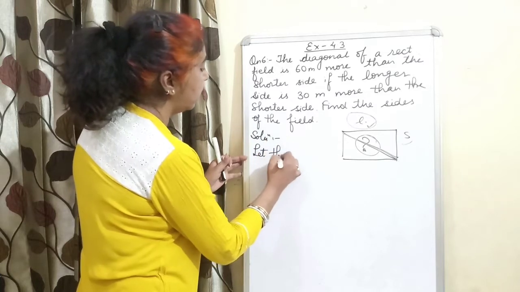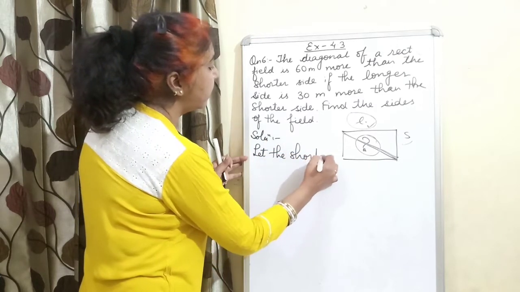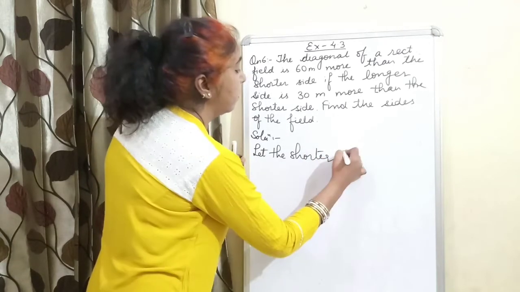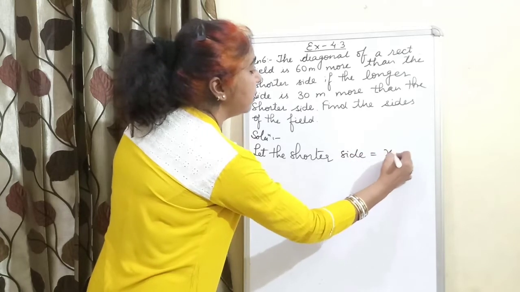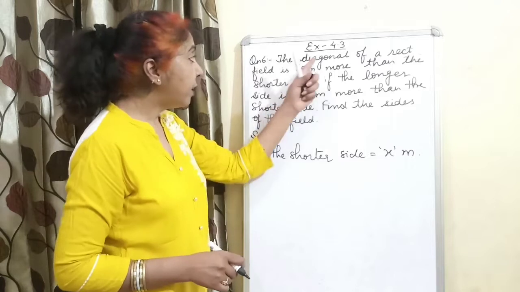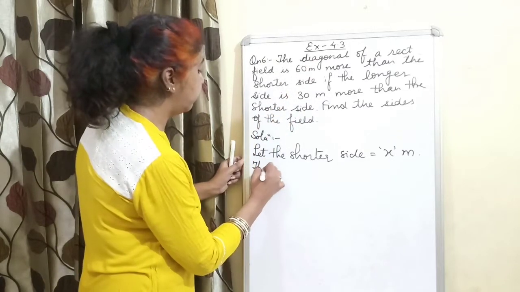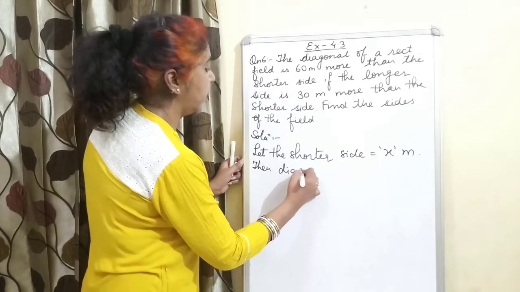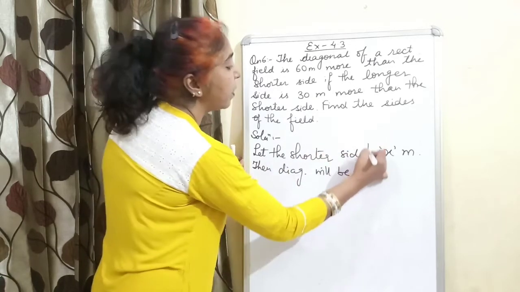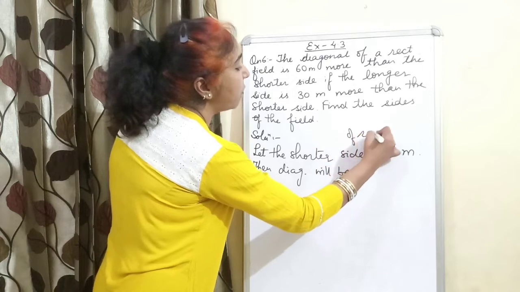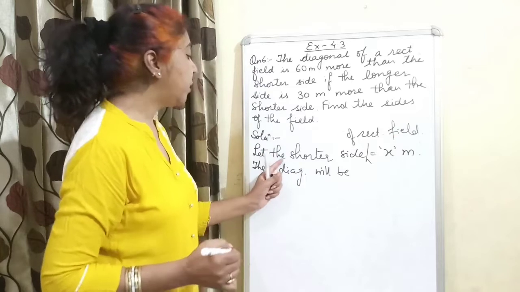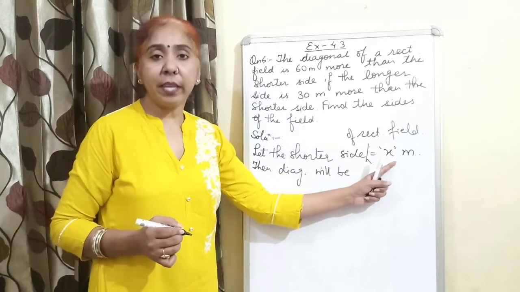Let the shorter side of the rectangular field be x meter.